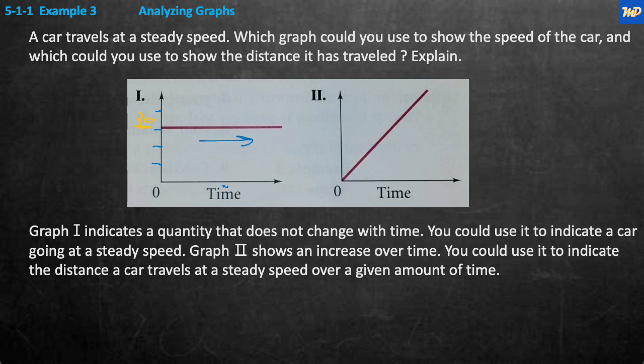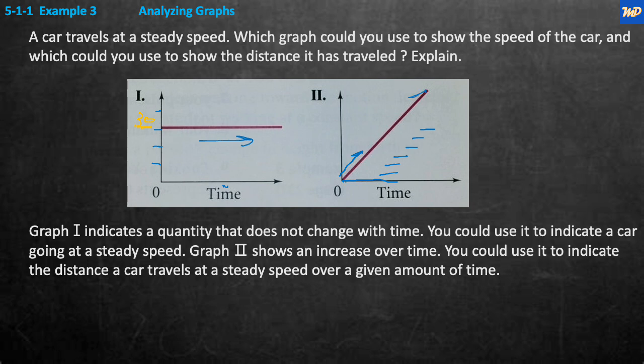And which graph could be used to show the distance it's traveled? Well, in this one, you have a car over time, and something's going up constantly. What's going up? If the car is driving at this steady speed, you're going to get a straight line. And as the car is traveling at a steady speed over time, it's going to get farther and farther and farther from where it started.